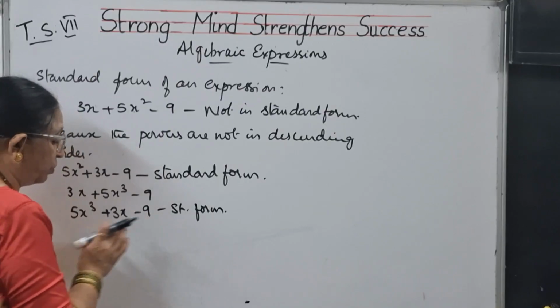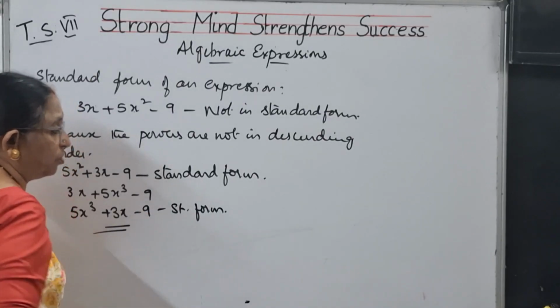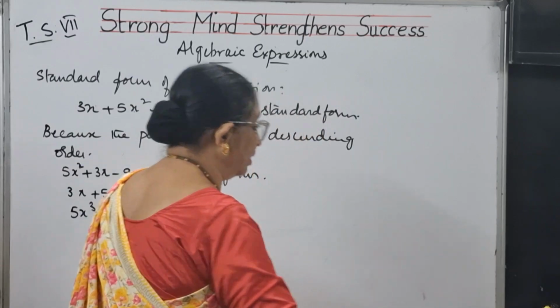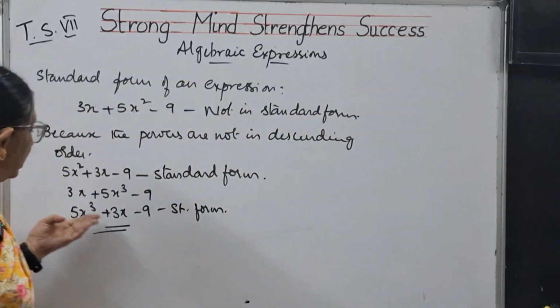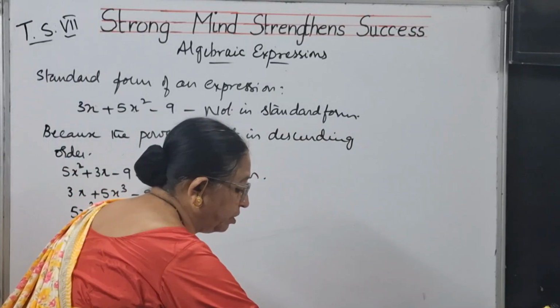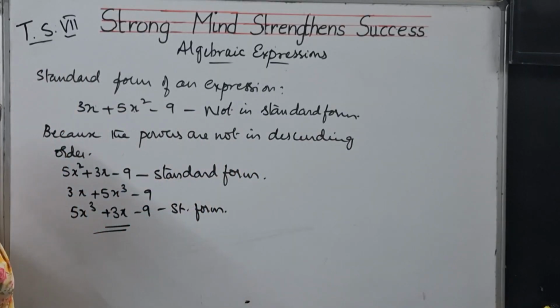The highest one you have to write first, then slowly you need to reduce and write. If it is there, you write, otherwise you go for the next one as I have told you in this example, children. Please note it down. This is about standard form of an expression.